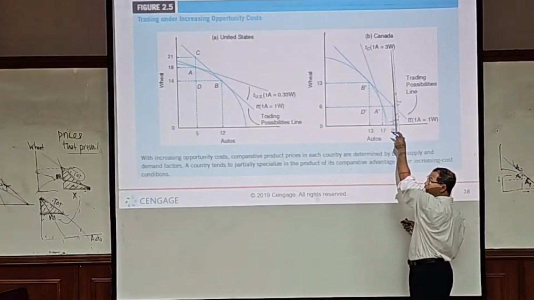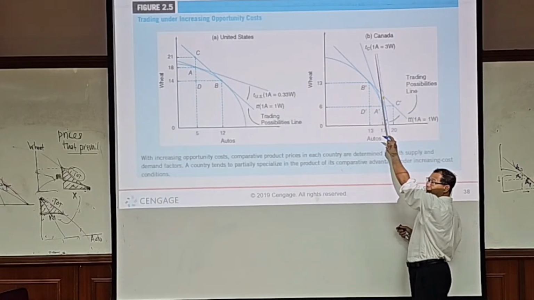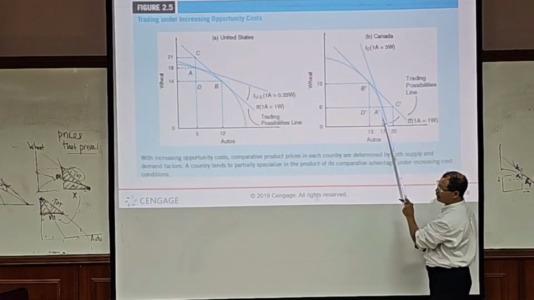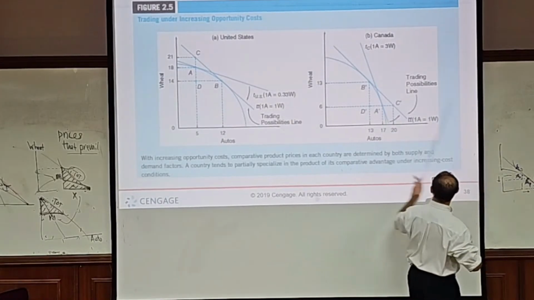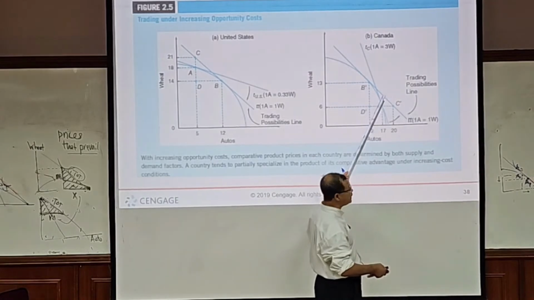Got it? 3 wheat needed to buy 1 car only. Expensive. So with specialization, this point B, red line. Once you have the red line, you can draw anywhere on there.